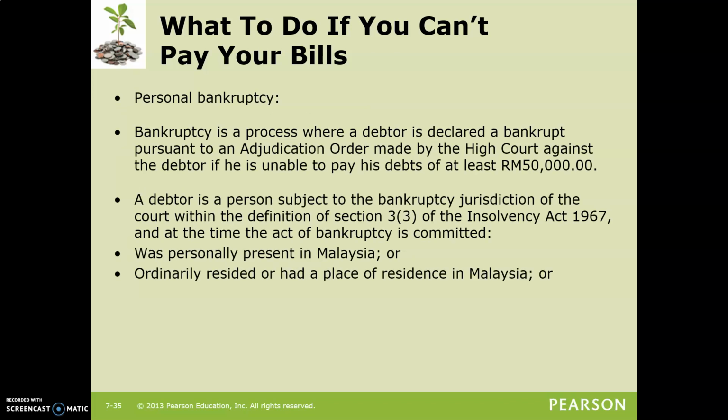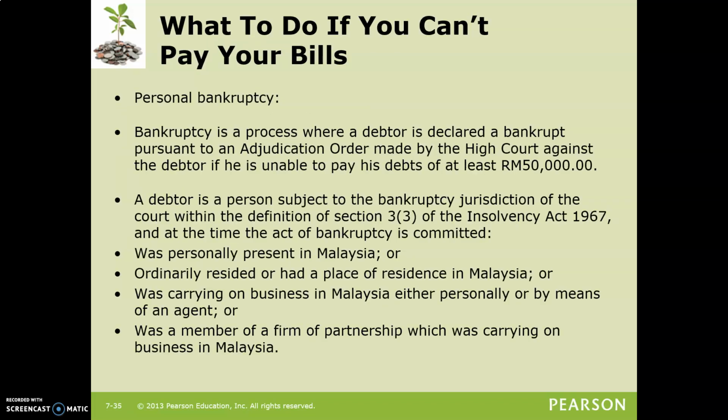So, what is personal bankruptcy? Personal bankruptcy is a process where the debtor is declared a bankrupt pursuant to the execution order made by the High Court against the debtor if he is unable to pay his debt of at least 50,000.